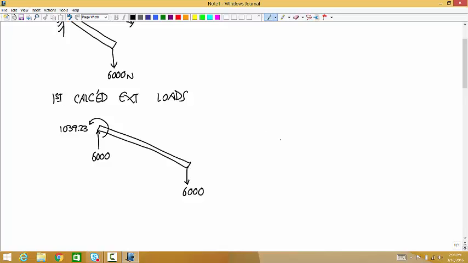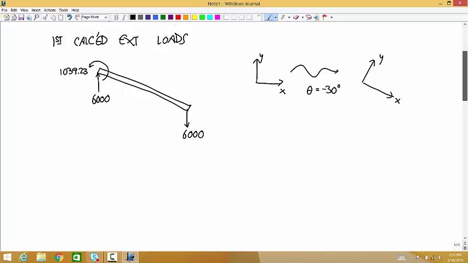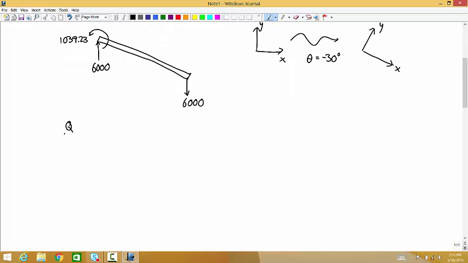And then we use a rotation matrix to re-express each of these loads. The couple doesn't change because that's a z component, and we're doing this rotation about z. But we went from this to this, and that was a negative 30 degree angle.